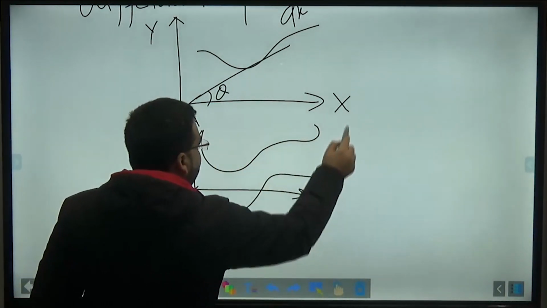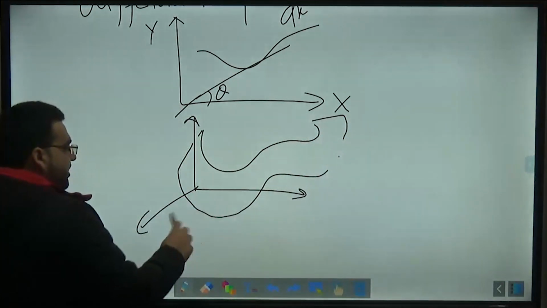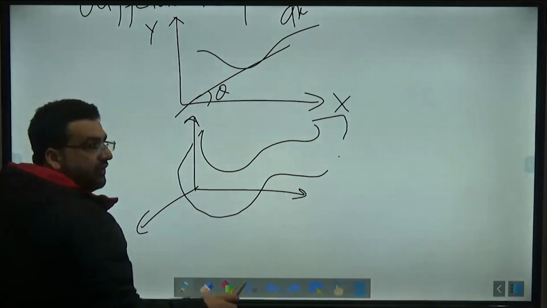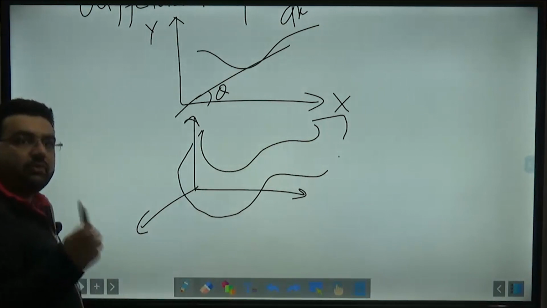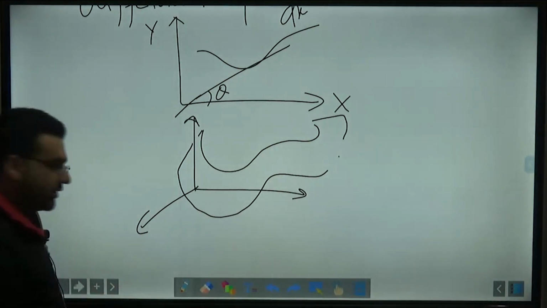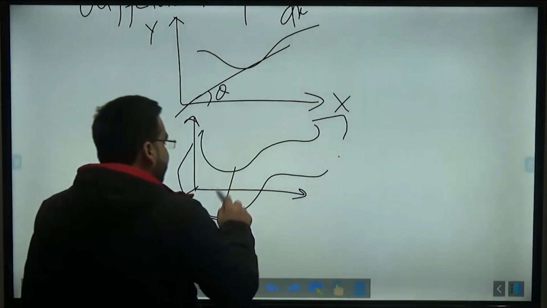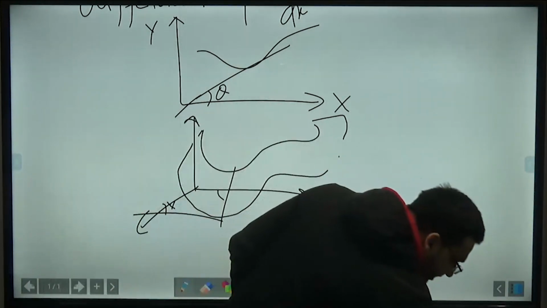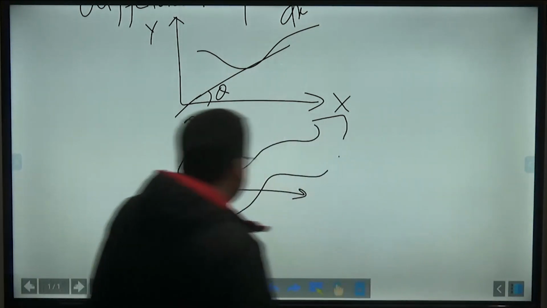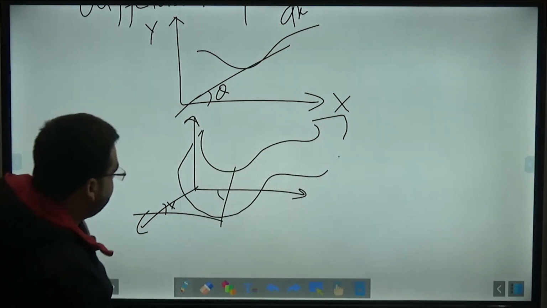You cannot draw it, just try to imagine it. If you drop a tangent, at any point you can drop two tangents, or even three. How much is the slope of the tangent with the y-axis? How much is the slope of the tangent with the x-axis? That is what we discuss in this particular chapter, partial differentiation.